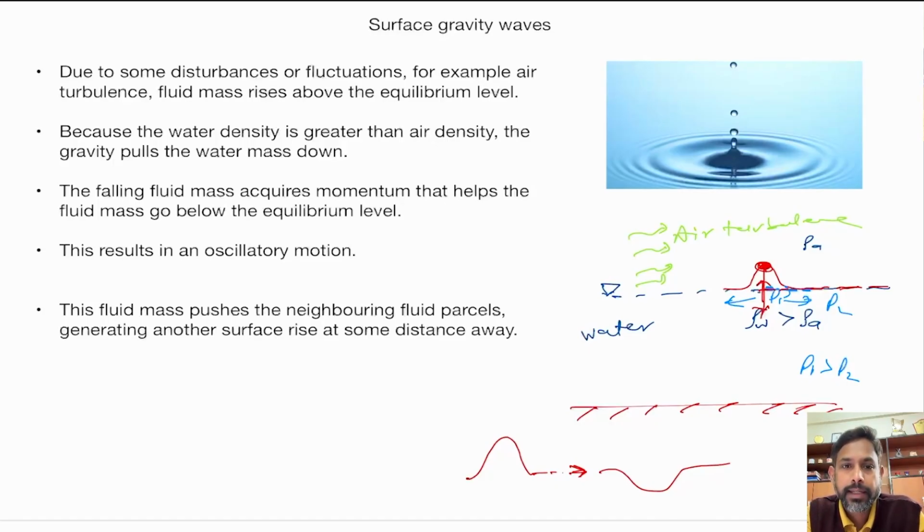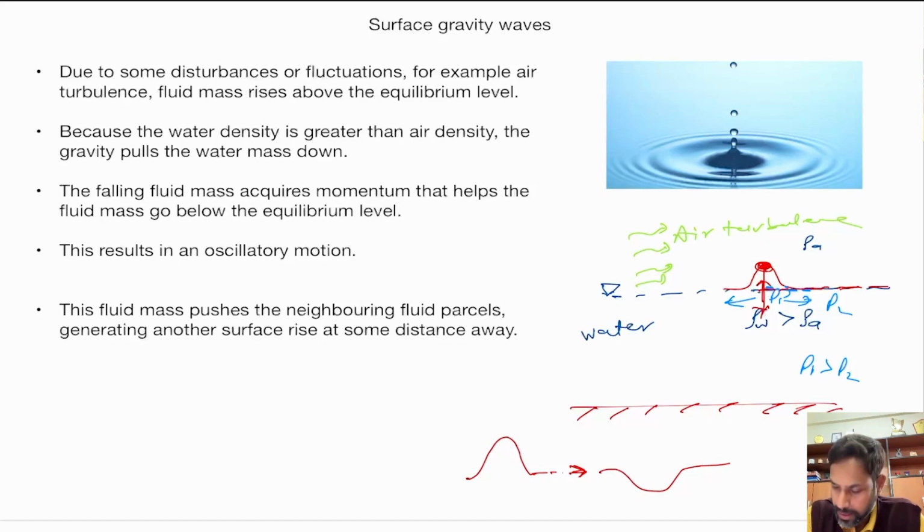That is why this fluid goes down, and then it will bounce back to the same elevation or a little smaller elevation. In this way, this oscillatory motion of the fluid begins, and that creates the wave.